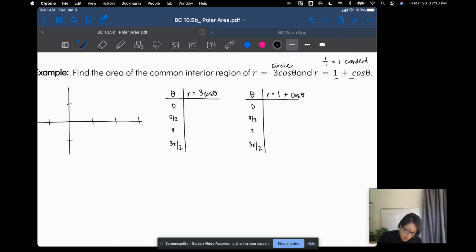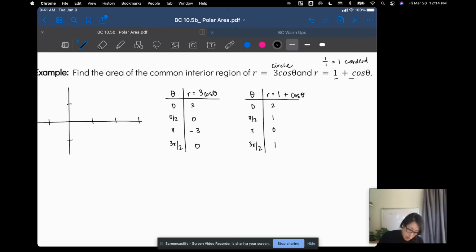Okay. So r is equal to 3 cosine theta. For my table, I get 3, 0, negative 3, 0. And for my cardioid, I get 2, 1, 0, 1.